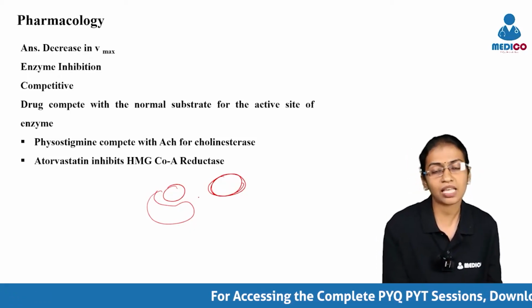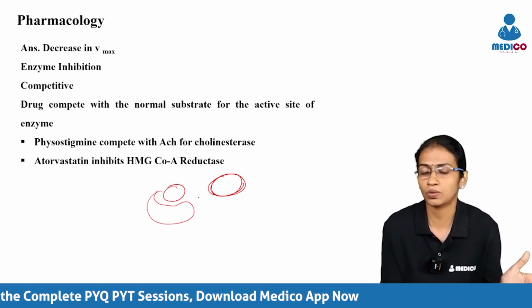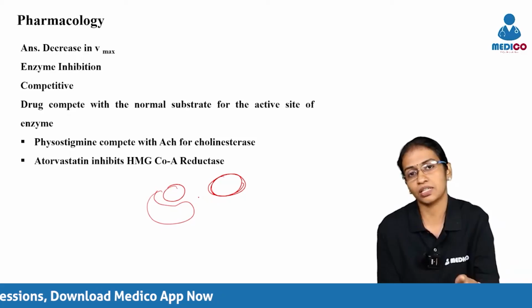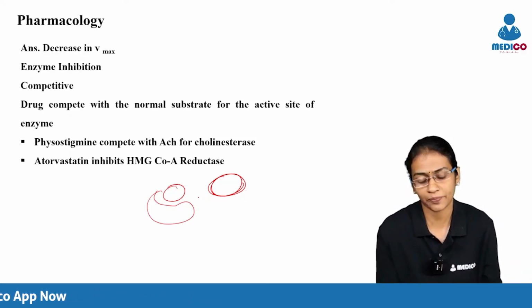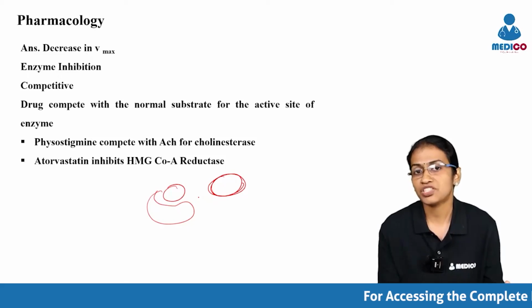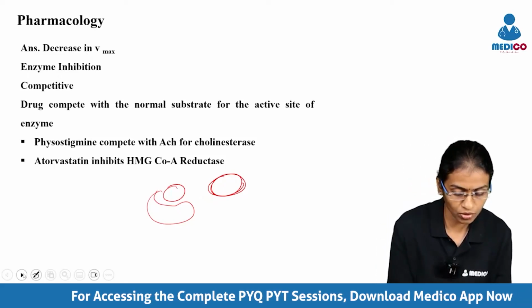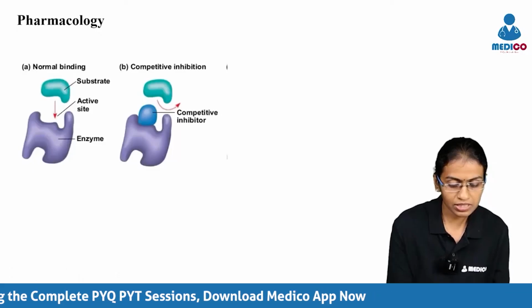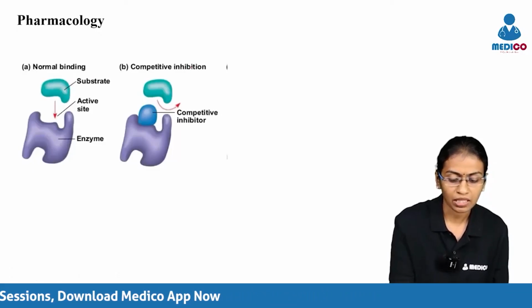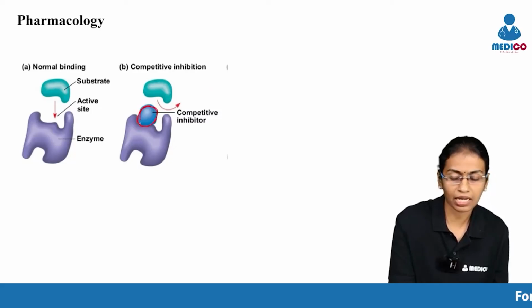Examples of competitive antagonism are physostigmine, an anticholinesterase, which competes with acetylcholine for the cholinesterase enzyme. Another example is atorvastatin, inhibiting HMG-CoA reductase enzyme, which is a major rate-limiting enzyme for cholesterol synthesis. You can see here, this is a substrate, and the competitive inhibitor is binding to the same active site.